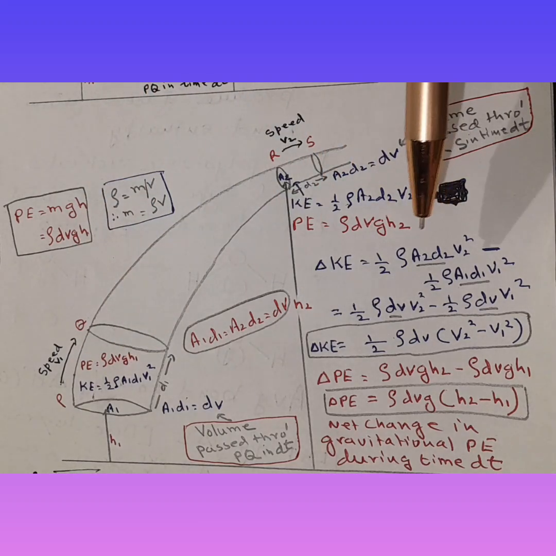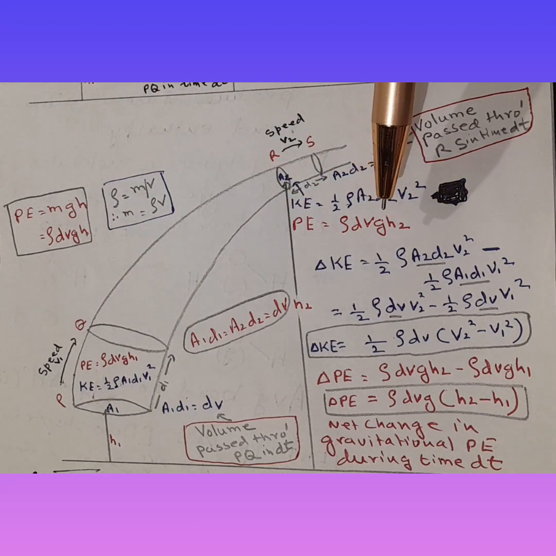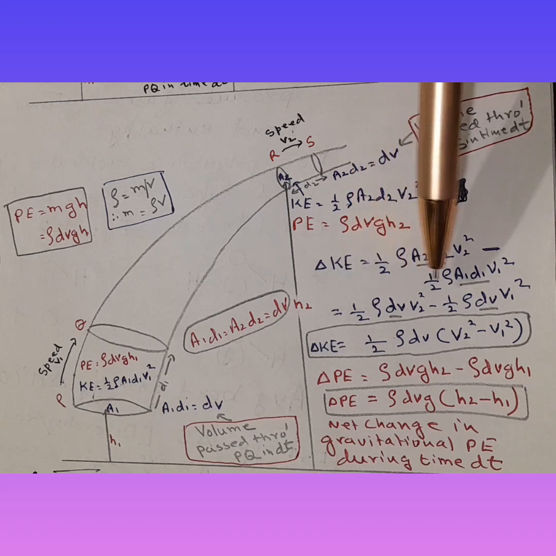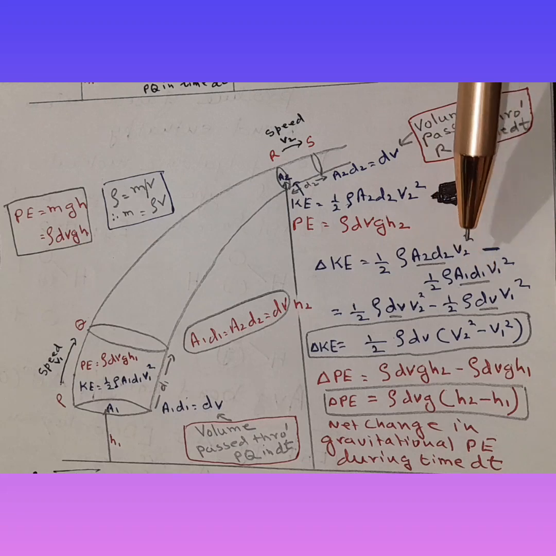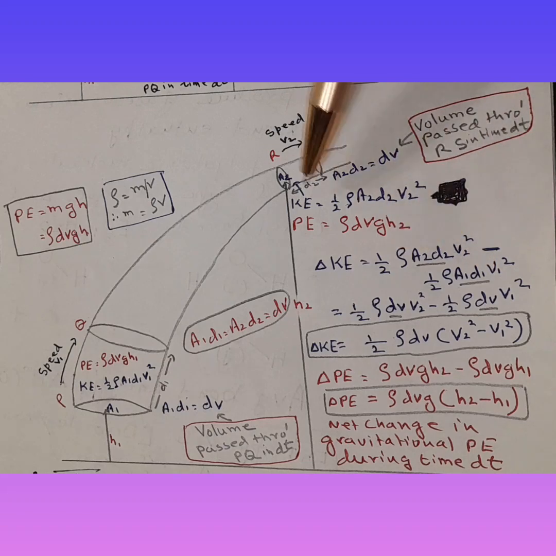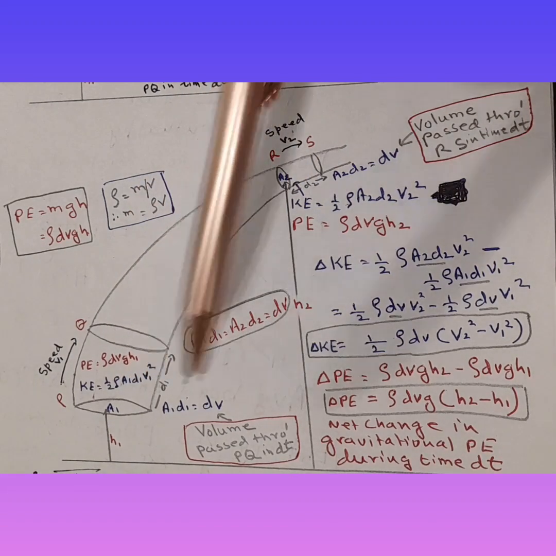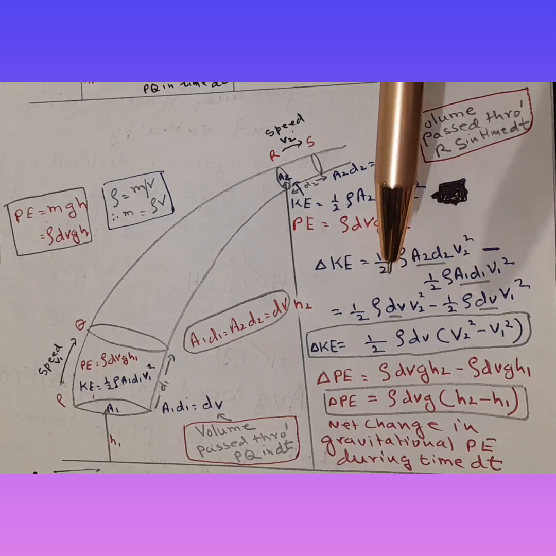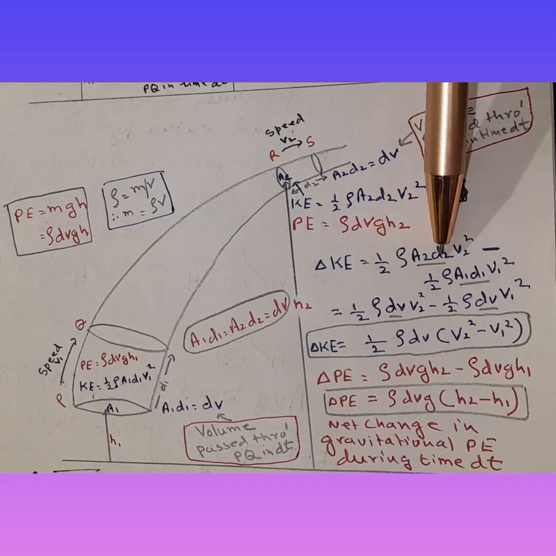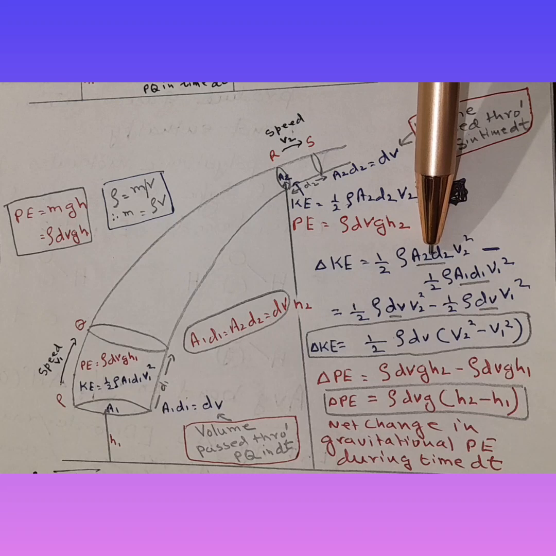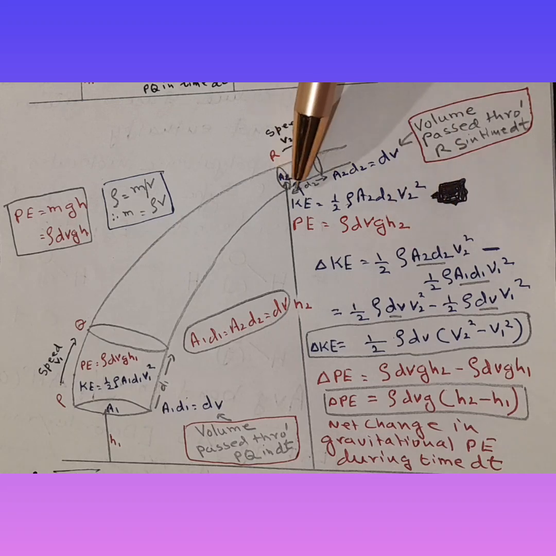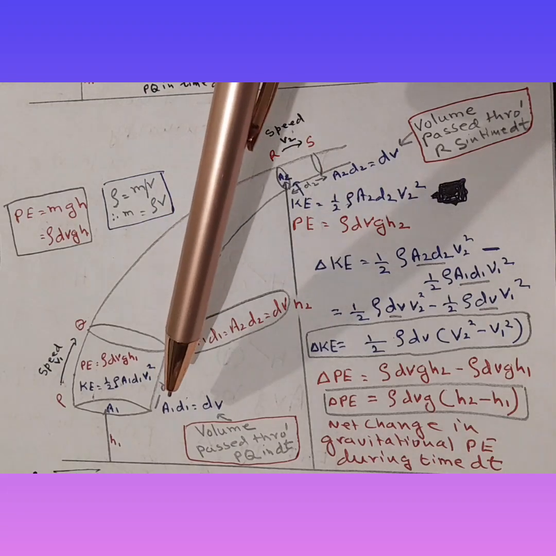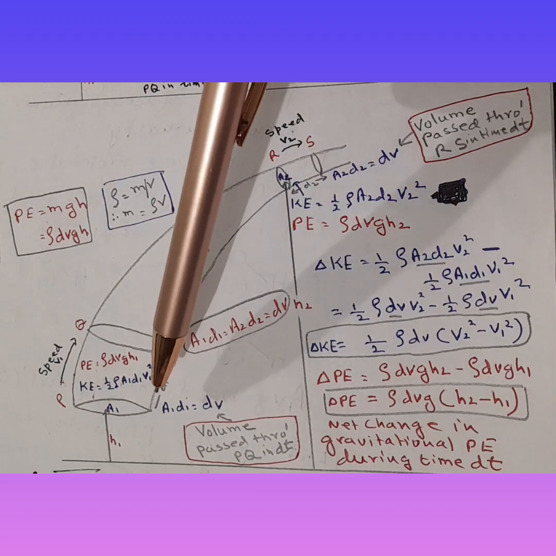Now what do we have to do? We just have to subtract kinetic energies and potential energies. So we subtract kinetic energies over here. All right. This is kinetic energy over here, subtracted by kinetic energy over here. So when we do that, we know a2 d2 already proved, which is equal to dV, because it's the same volume of fluid passing through both the columns at a specific time dt.